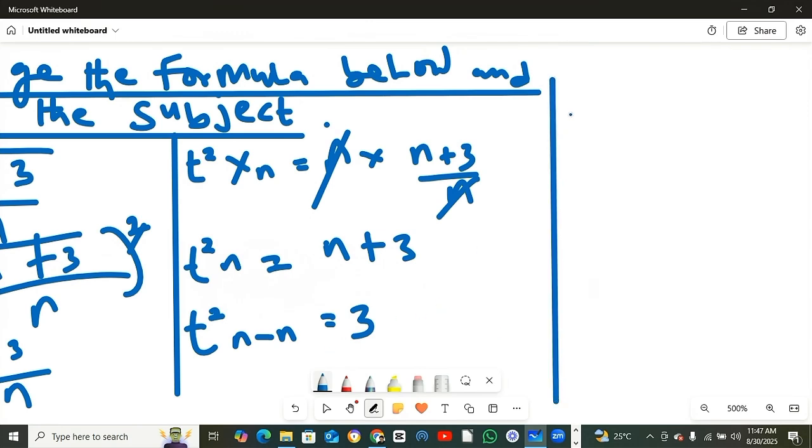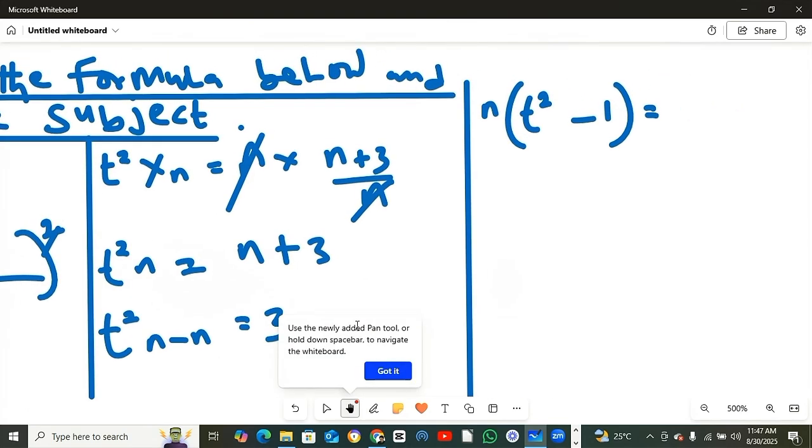So factorizing it, we're going to have n bracket t squared minus 1 equals 3.